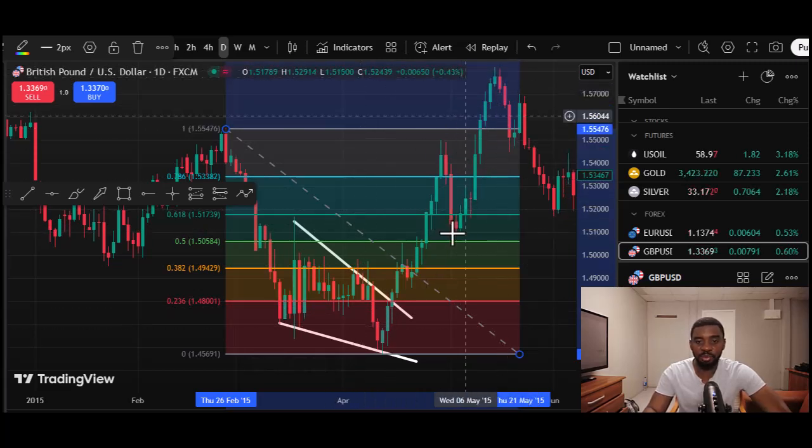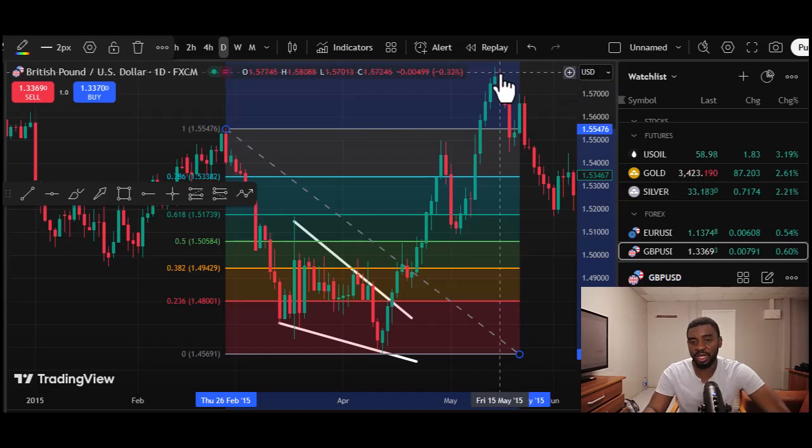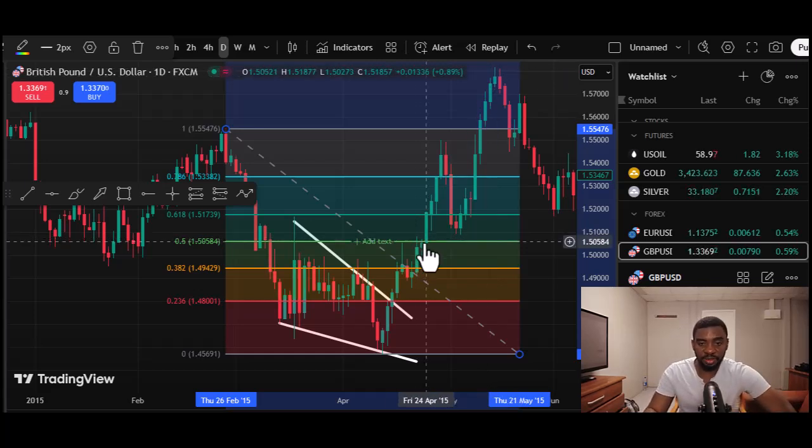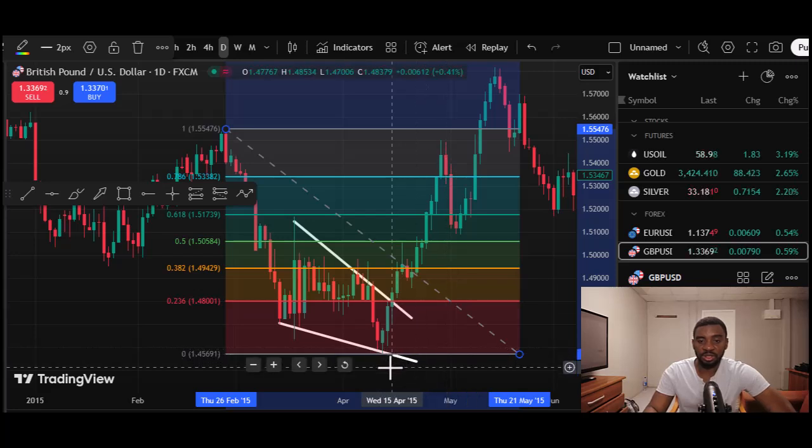This is an AB equals CD pattern I just played. If you have exited at the 50% Fibonacci retracement level, you would have missed out on this. But when you are trading, it's good not to get greedy. Sometimes it may go all the way to this point, other times it will just reverse, because this is a unique situation.